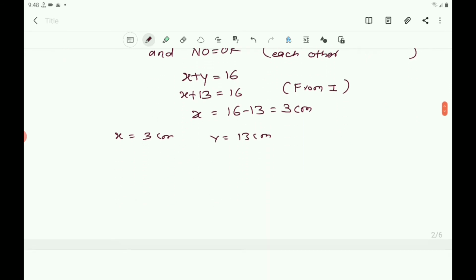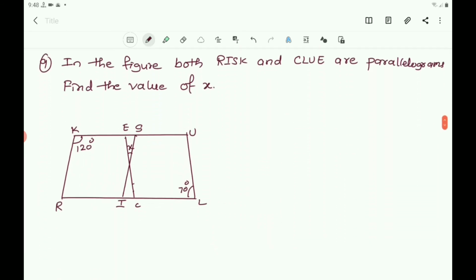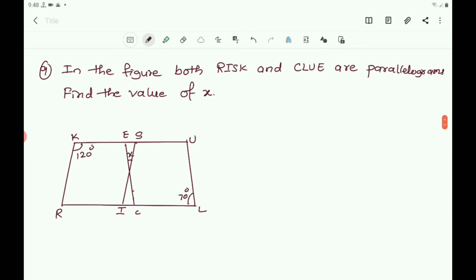Now let us take the next question. In the figure, both RISK and CLUE are parallelograms. Find the value of x here.